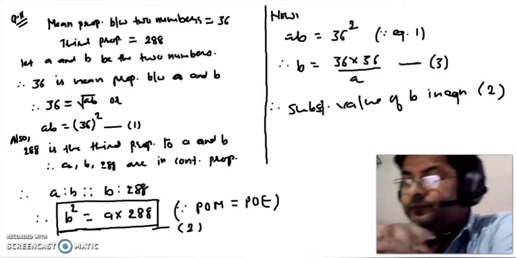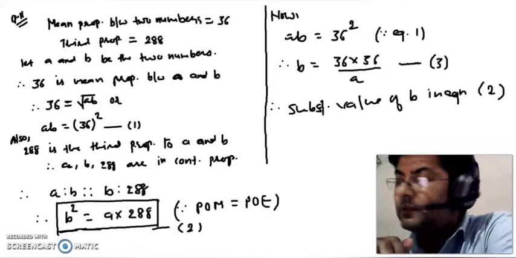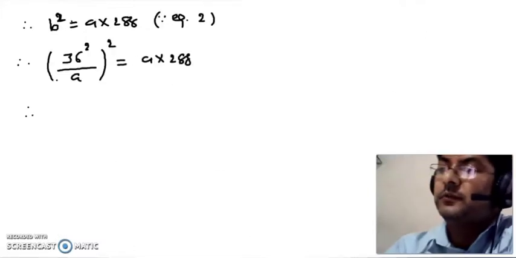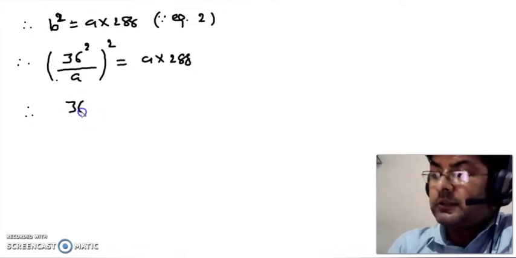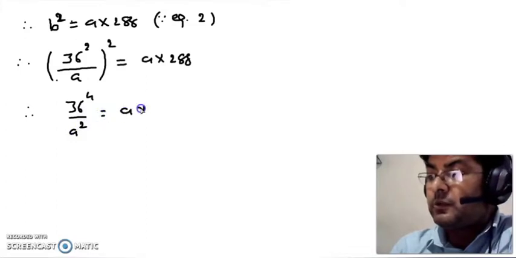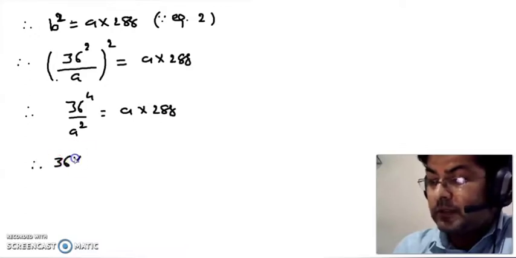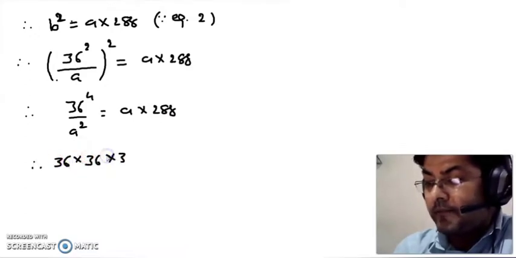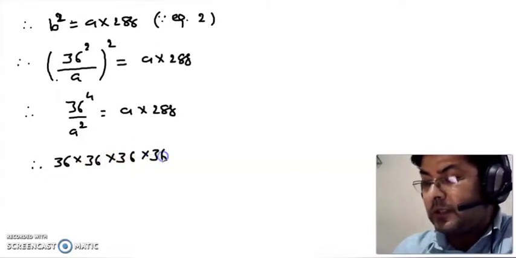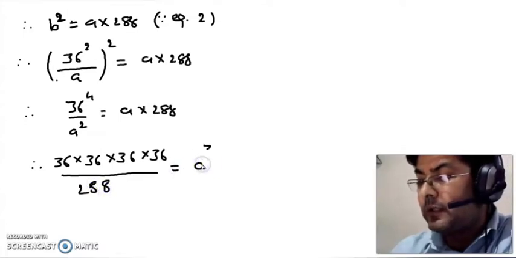Clear? 36 square is equal to ab. Now 36 raised to 4 upon a square is equal to a into 288. Therefore 36 into 36 into 36 into 36 upon 288 is equal to a cube.